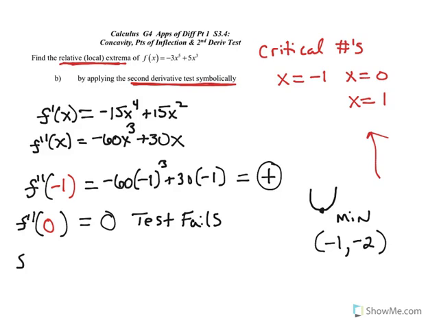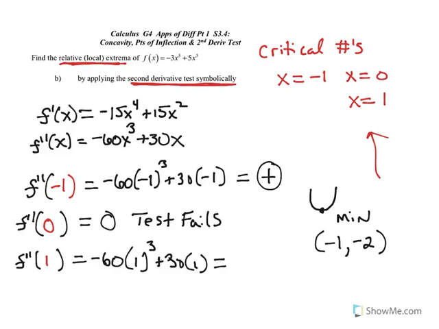And then if we plug in our third critical number, our third potential place where we could have a min or a max, put in your critical number and run that through the second derivative. So we're going to put in 1, and work the calculations on that.